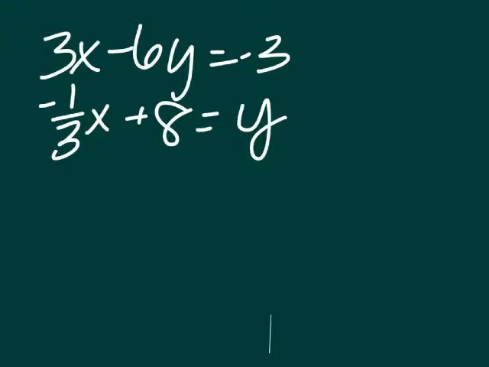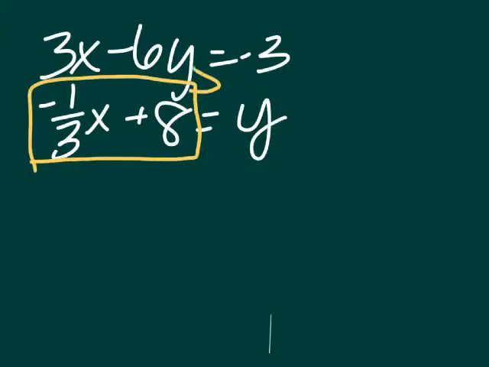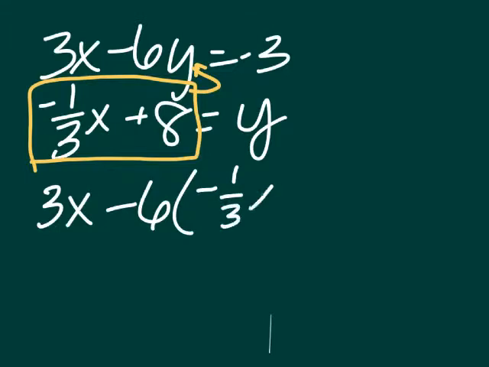Nathan, tell me again what I'm plugging in for y. You're plugging in negative 1 over 3x plus 8 for y. Beautiful. And that's coming right here for y, correct? All right, so we have 3x minus 6 times, what am I multiplying there? Negative 1 over 3x plus 8.